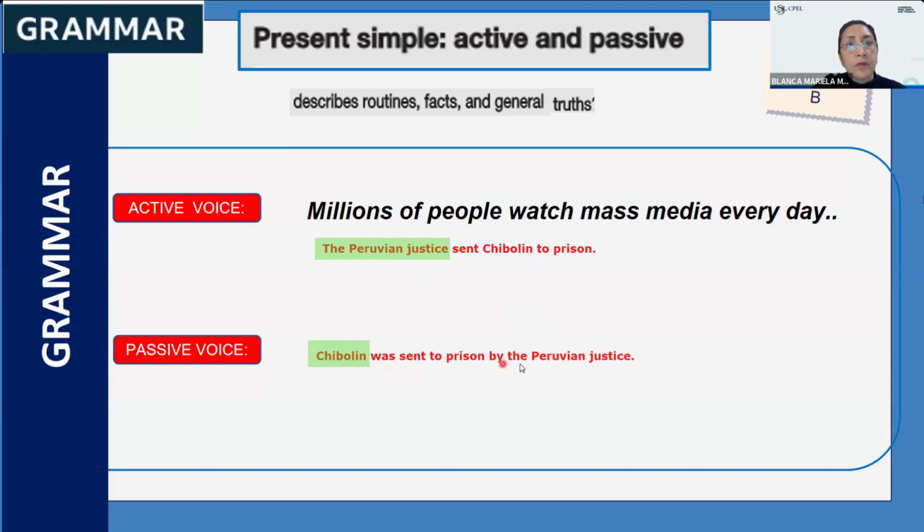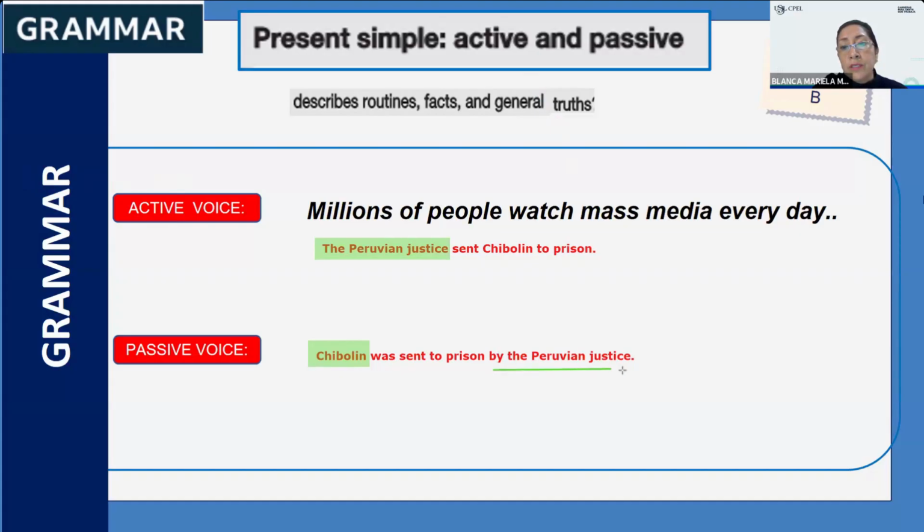Not. Sometimes who performs the action is important information, sometimes not. If you consider that who performs the action is important, so you include the information, okay?